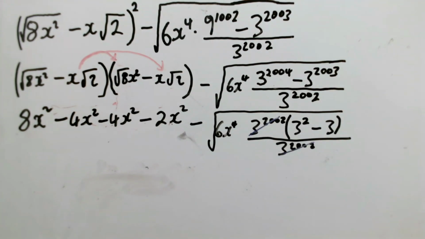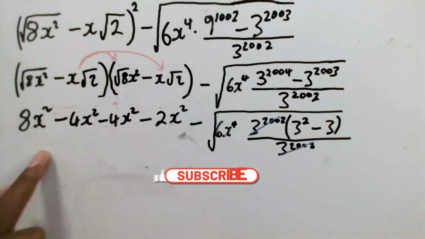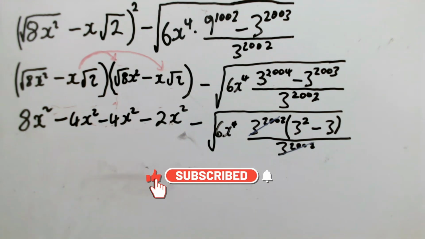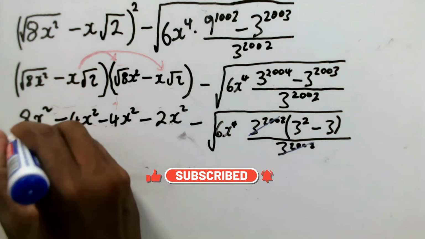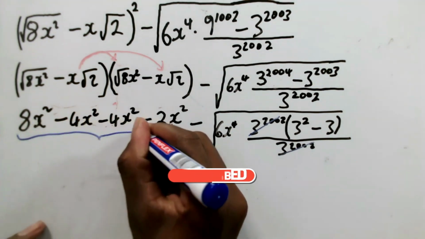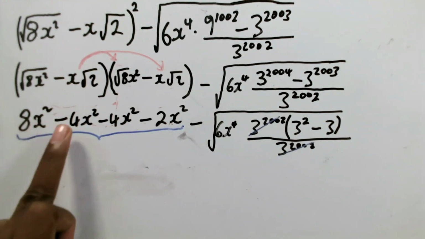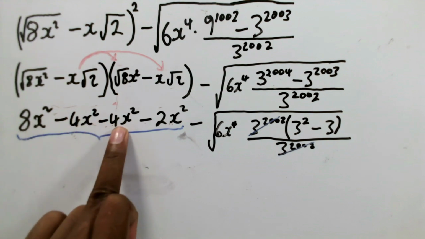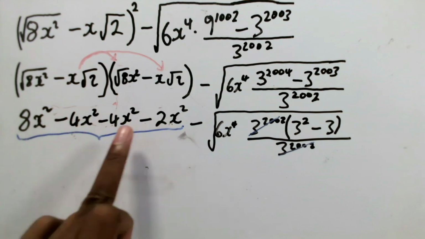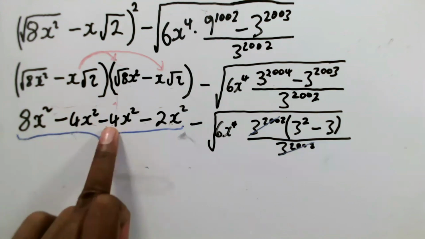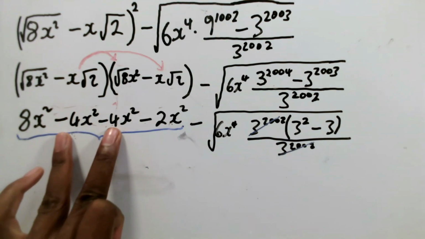Now, the next step is, it would be quite easy to simplify this part, because it's all like terms. We have 8x squared minus 4x squared minus 4x squared minus 2x squared. So 8x squared minus 4x squared minus 4x squared is going to be 0, because minus 4x squared minus 4x squared is minus 8x squared.